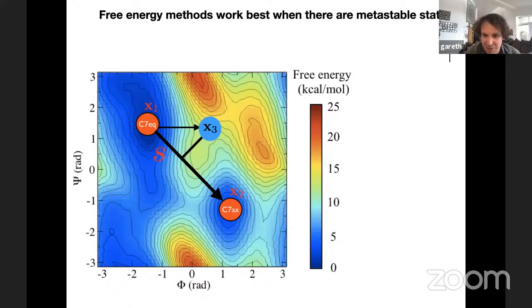Just in case you don't, the appropriate calculation of the collective variable there is you take the dot product between x2 minus x1, so that's the vector connecting the two states, and the vector that connects the initial state to the current position, so that's x3 minus x1, and then you divide by the magnitude of x2 minus x1.